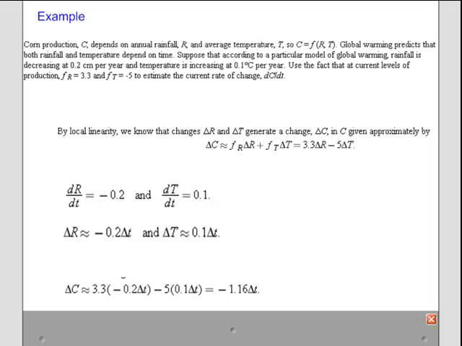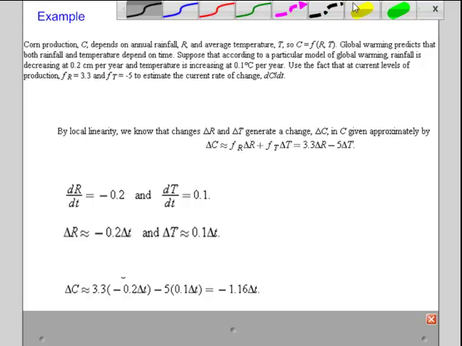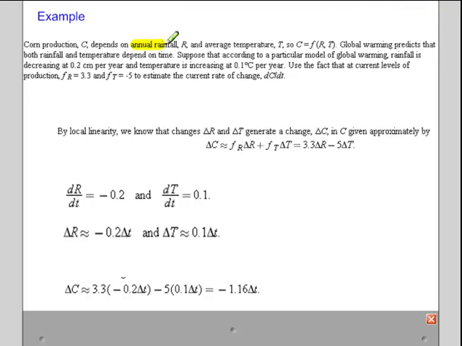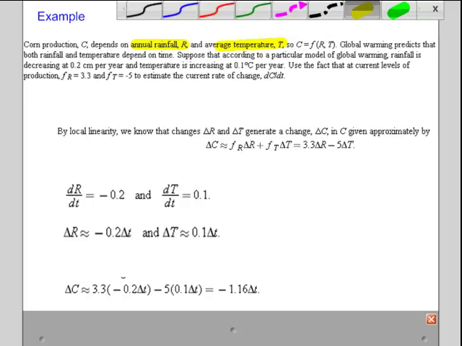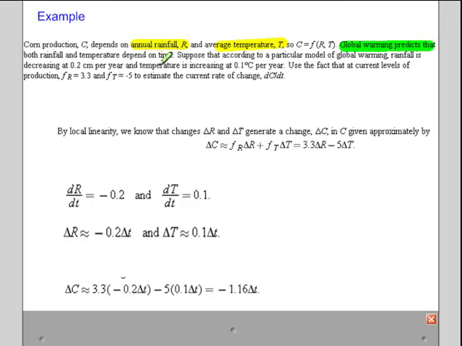But let's try to first interpret what this all means. So imagine that we have corn production, and corn production depends on rainfall and temperature. However, both rainfall and temperature are being affected by time, thanks to climate change.